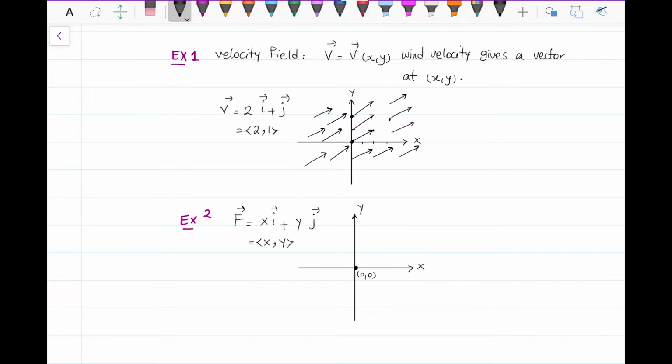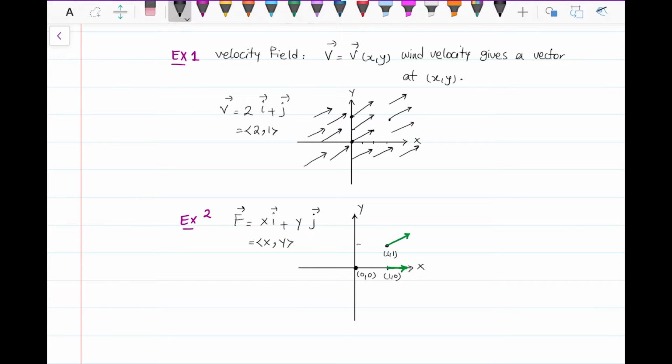For example, at another point, at the point (1, 0), when I plug it in here, I get the vector (1, 0). So it will look something like this. The vector (1, 0). At another point, for example, at the point (1, 1), I have the vector (1, 1).